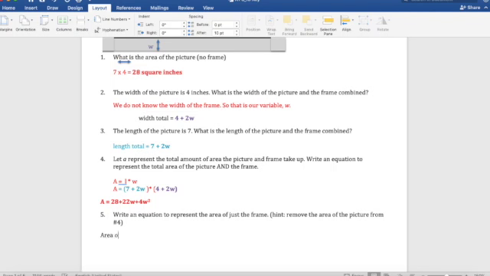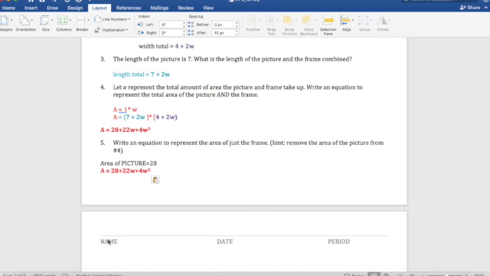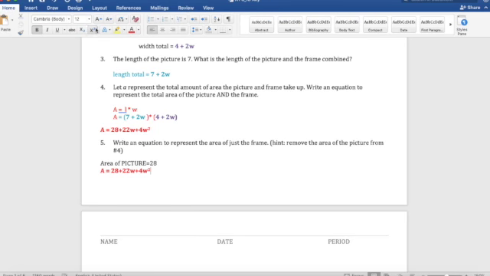So area of picture is 28. So we have to do this equation here minus 28.